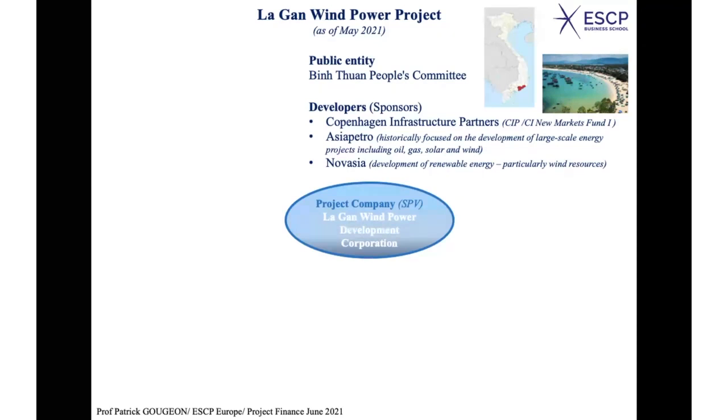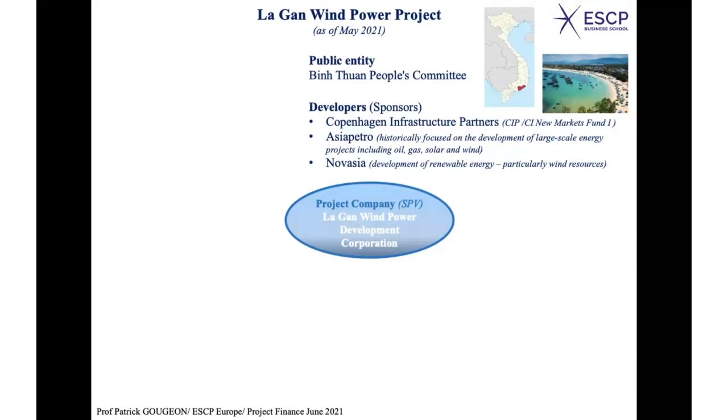Asia Petro, which is a company specialized in the development of large-scale energy projects, including oil and gas, solar, and wind. And Novasia, which is a specialist in the development of renewable energy, and particularly in wind resources. So you see, the developers are companies with a particular interest in this.